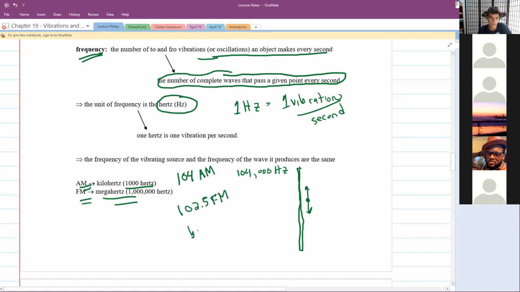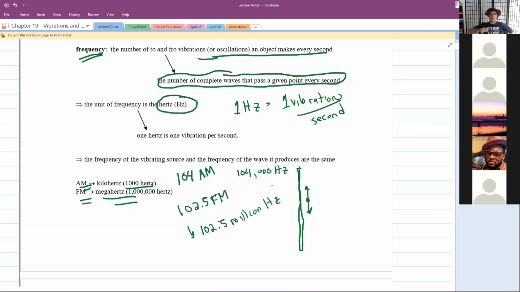So this is actually really 102.5 million hertz, which is really amazing. And I'll show you an animation in chapter 20. But that means the electrons in the antenna that's producing the radio wave, that's 102.5 FM, are oscillating up and down 102.5 million times every single second.